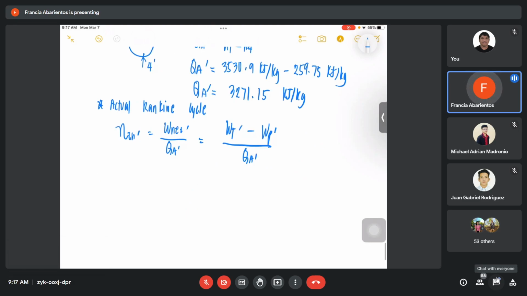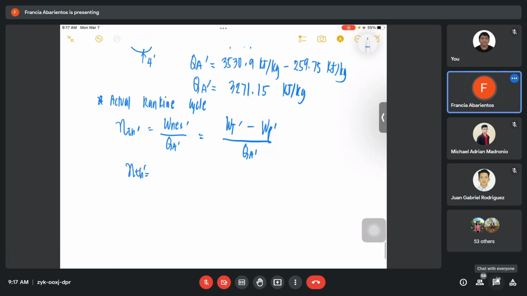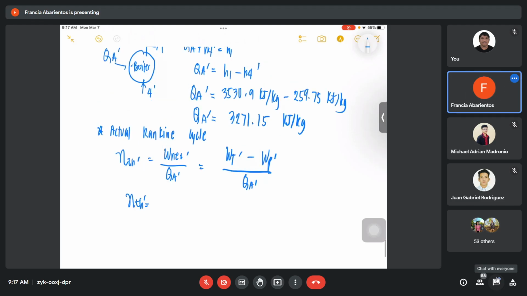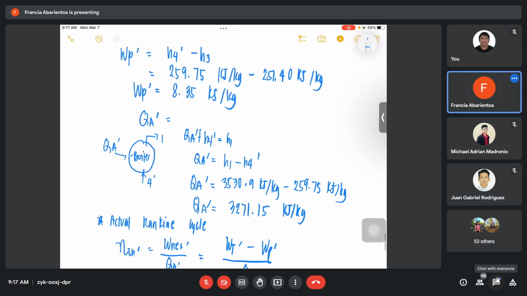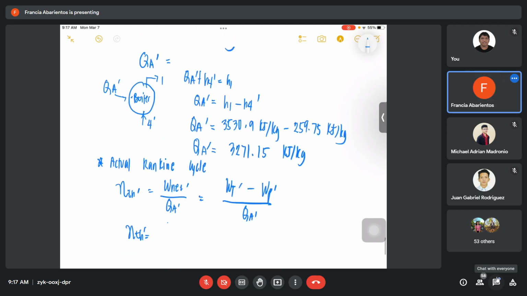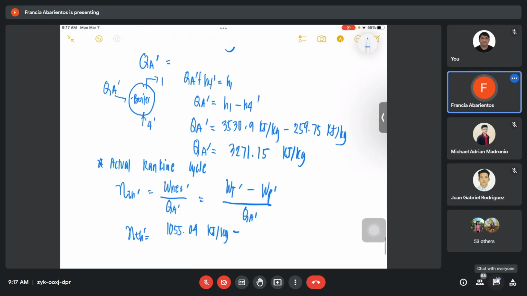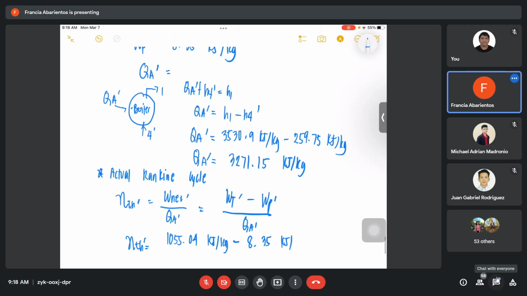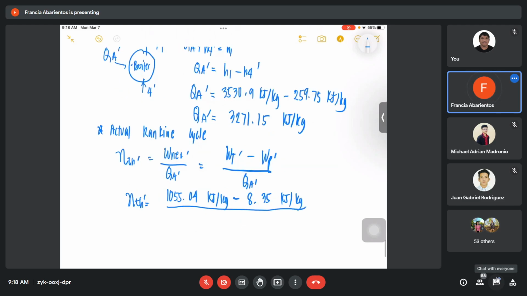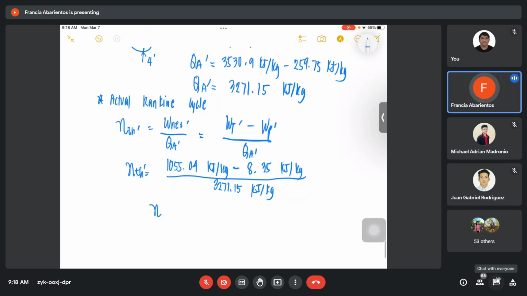Finding for the actual, we compute now turbine 1055.04 kilojoule per kilogram. Work ng pump 8.35 kilojoule per kilogram divided by the heat added. So we have now the actual thermal efficiency. Ilan?